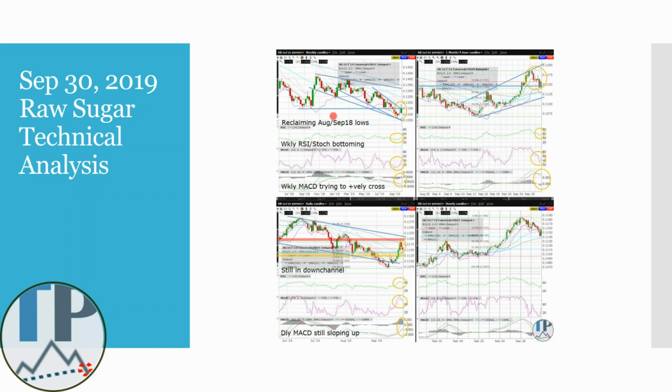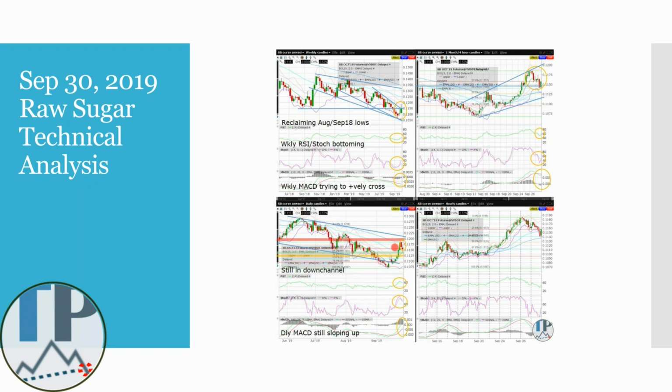Okay, so on the rest of these time frame charts, you can also see that there was an increasingly bullish setup unfolding. On the daily chart, we were still stuck within this down channel, but you could see that we had just made a very strong run up in the 2 weeks prior.